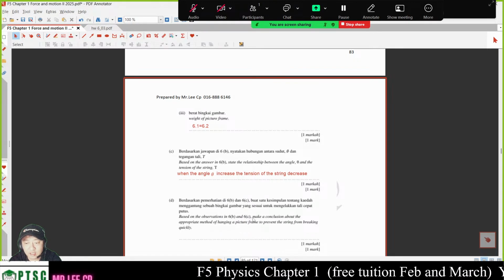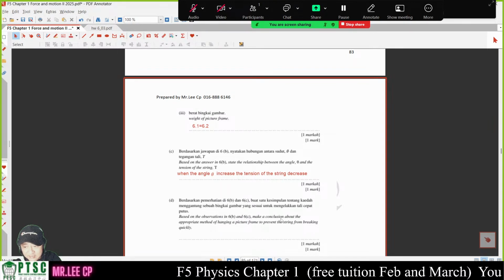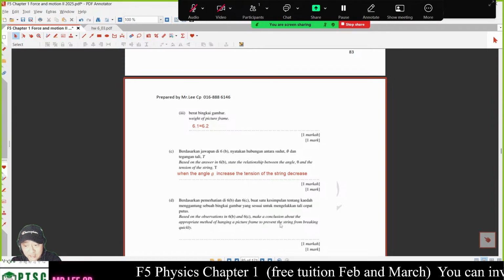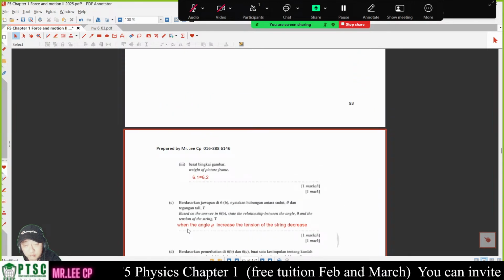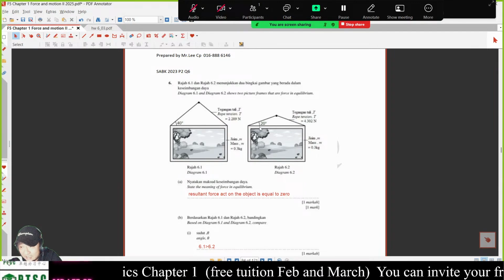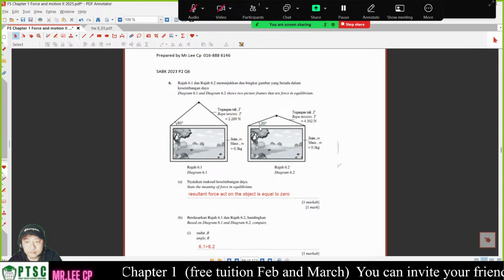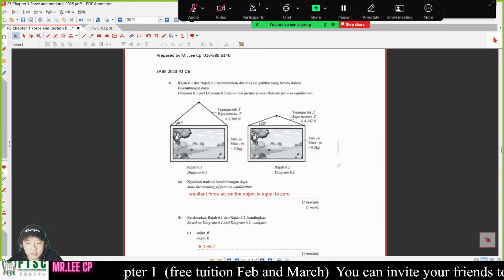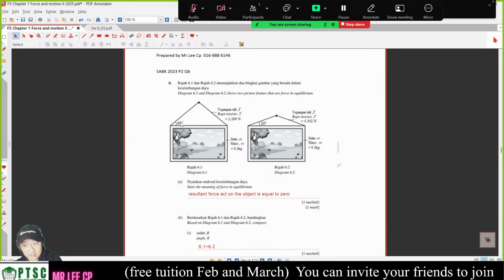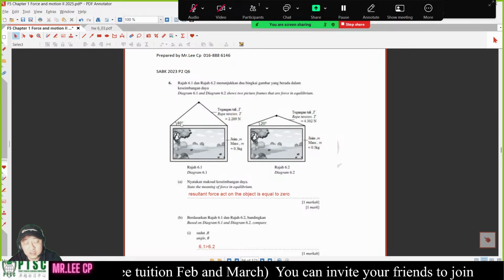Based on the observations B and C, make a conclusion about the appropriate method of hanging the picture frame to prevent the string from breaking. If the tension is too high, then it can break. So the angle must be big so that the tension will be smaller.